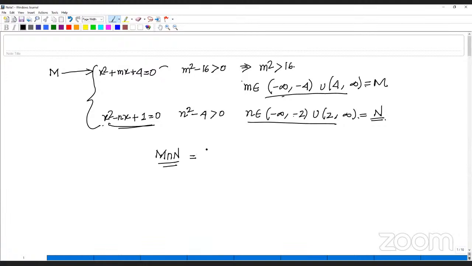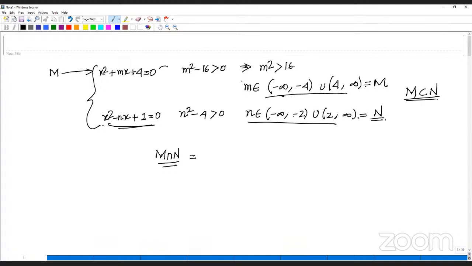No, the common part is basically, as you can see, M is a subset of N. So if M is a subset of N, what is M intersection N?